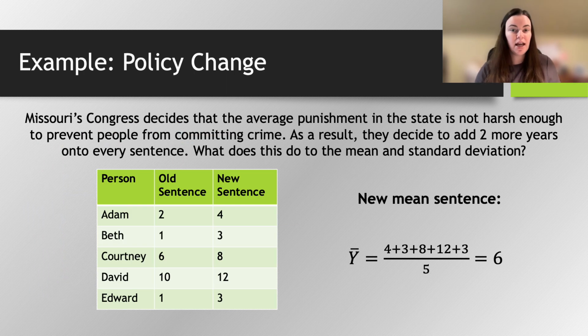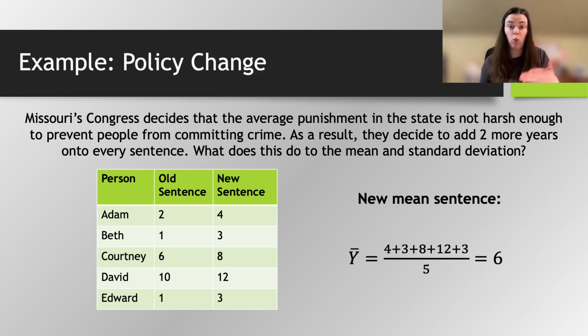Okay, let's talk about what happens to a standard deviation if something happens to the average value. So in this case, let's look at a scenario in which Missouri's Congress decided that the average punishment in the state wasn't harsh enough. And because of that, they wanted to add an additional 2 more years onto every sentence.